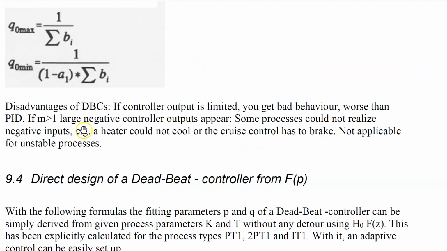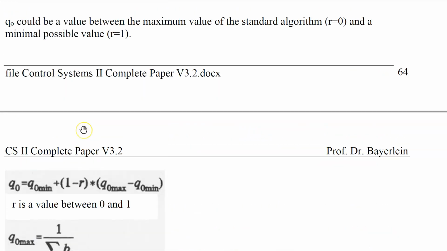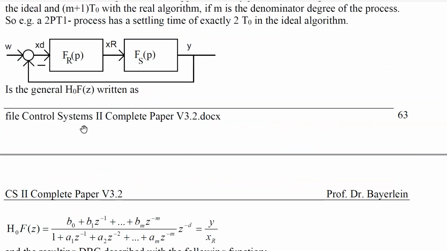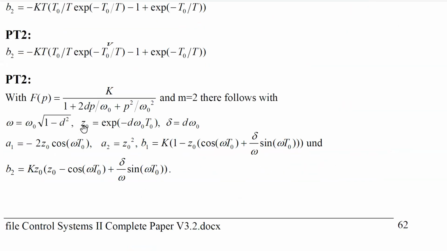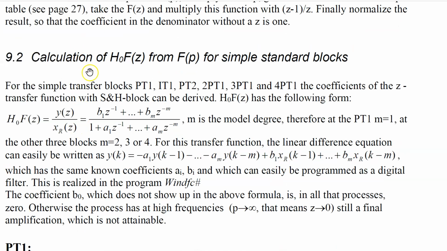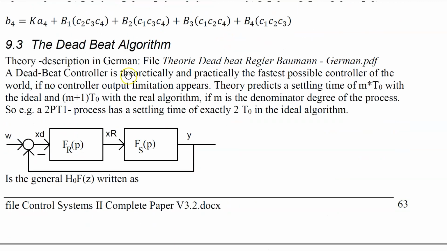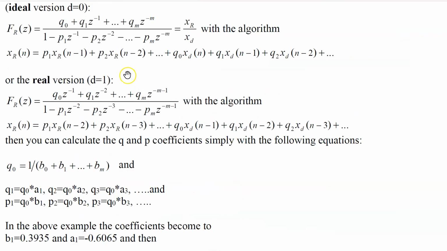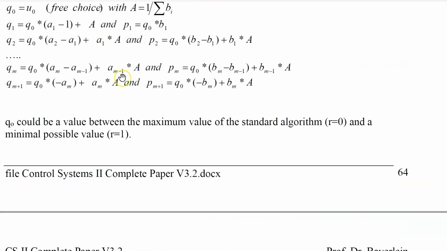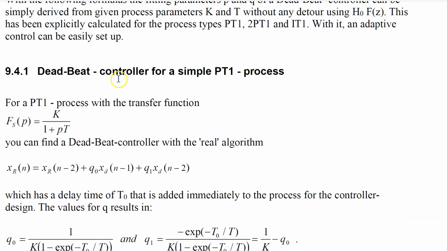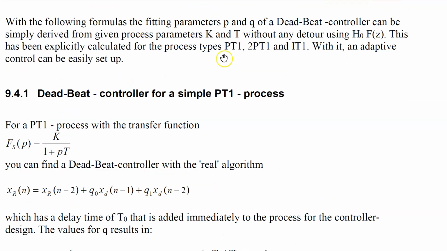Yeah, in 9.3 we have seen that to calculate the deadbeat controller we need the A's and B's of the step response invariant filter function. In 9.4 this is just hidden.